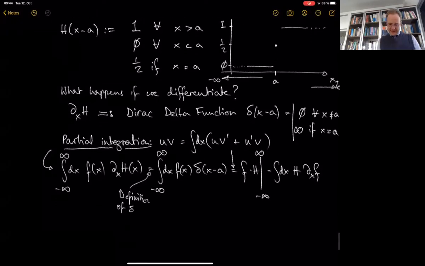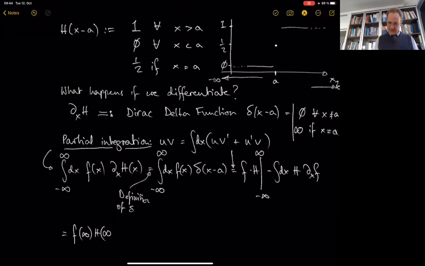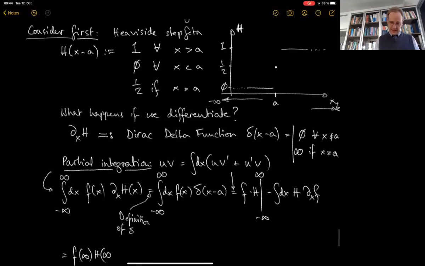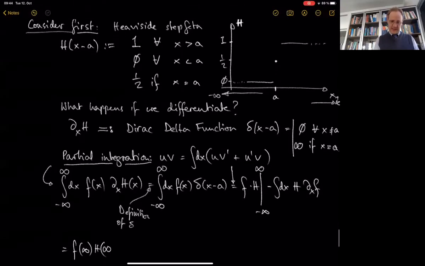So let's write this in more detail. We have f at infinity times h at infinity. h has as arguments x and a, so we have infinity minus a.